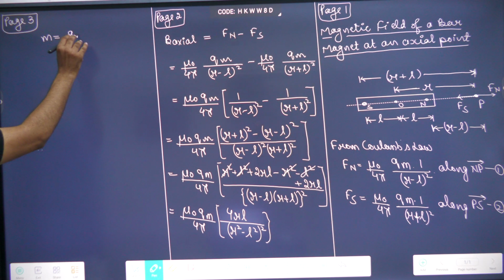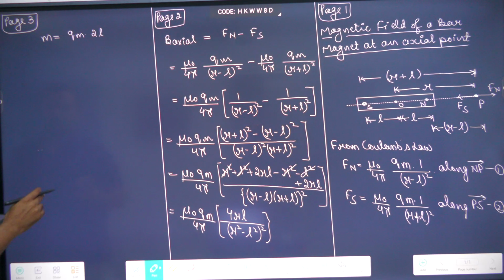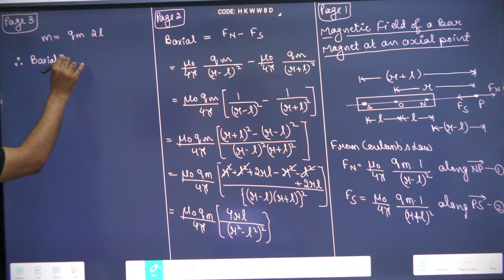Therefore, B axial is equal to mu naught upon 4 pi.